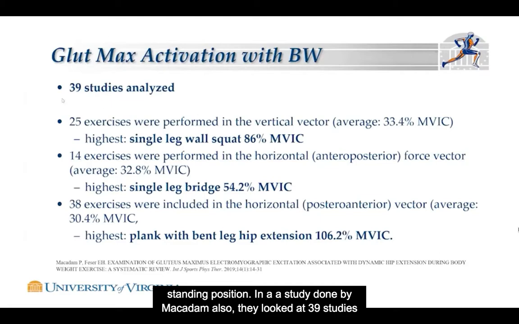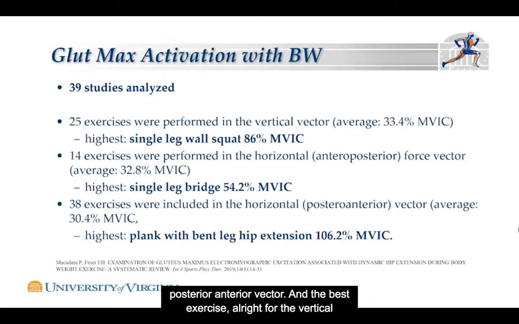In a study also done by McAdam, they looked at 39 studies in a systematic review. 25 exercises were performed in the vertical vector, 14 exercises were performed in the horizontal or anterior posterior force vector, and 38 exercises were included in the horizontal or posterior anterior vector.